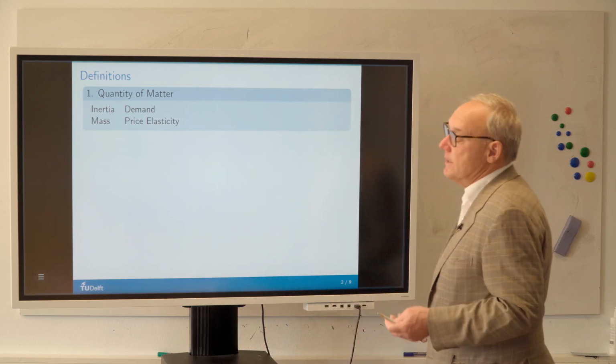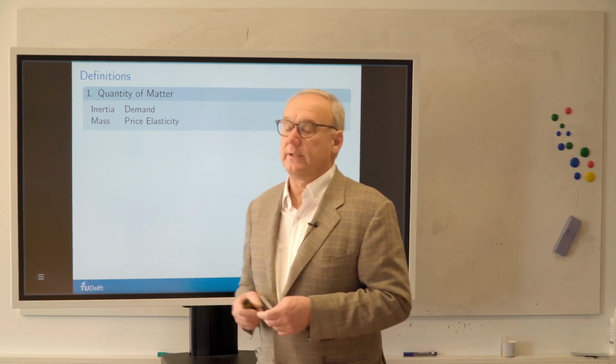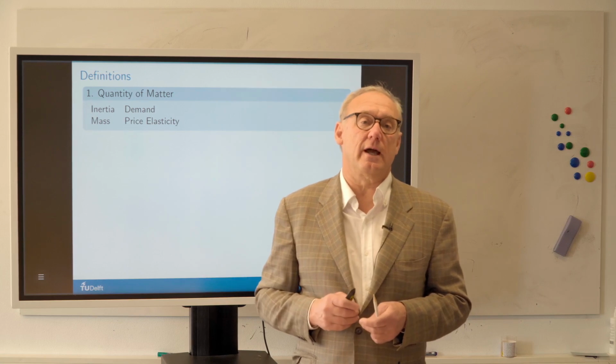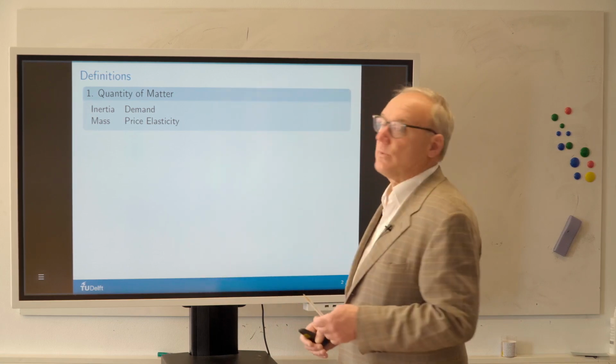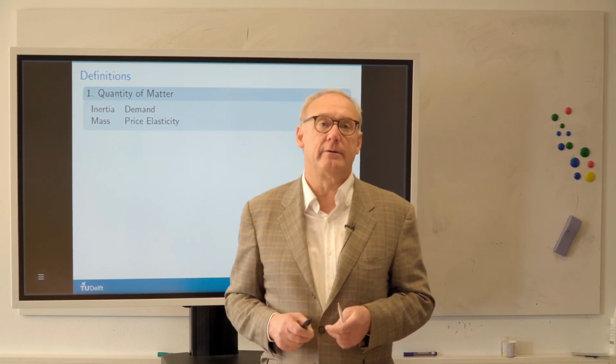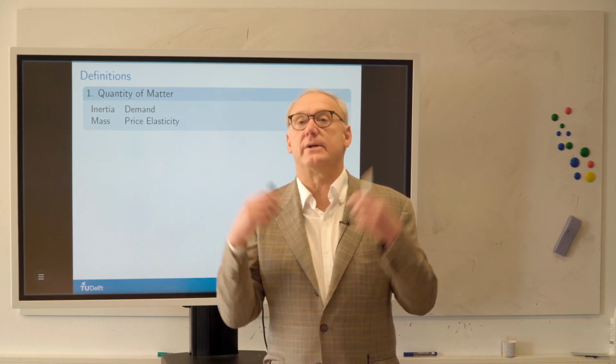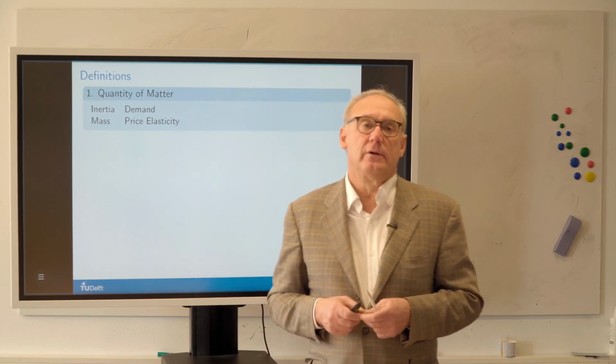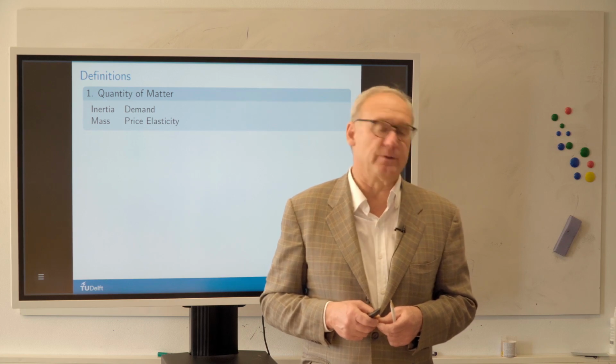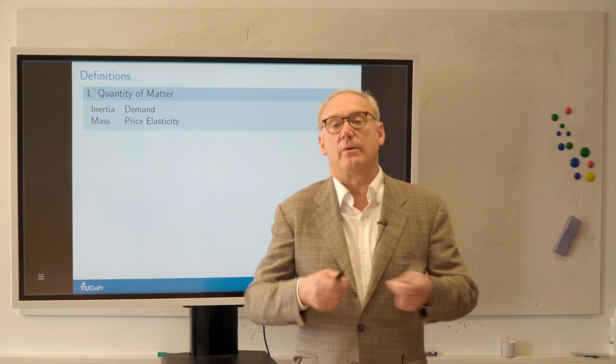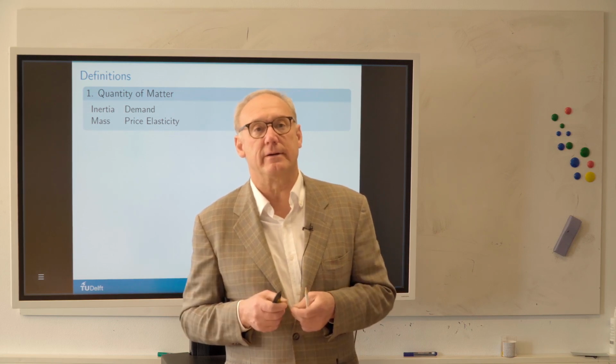So Newton starts off with something that he calls a definition section. And in it, he first defines what he calls quantity of matter. So matter is to him the stuff that matters for mechanics. So when there's no matter, he's got nothing to say. It doesn't matter to him, all right?